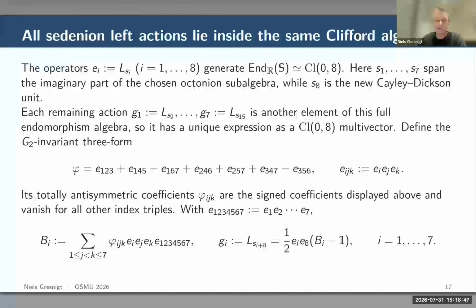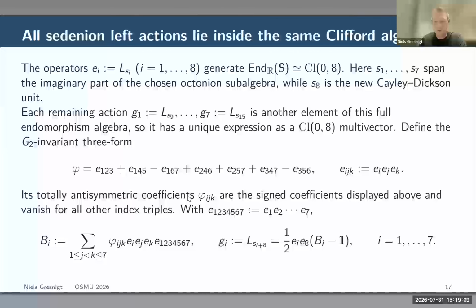invariant 3-form, which is given here by phi. And a simple way to write it is in terms of these BIs here at the bottom. And then we can write the left actions of the remaining 7 sedenion basis units as such.